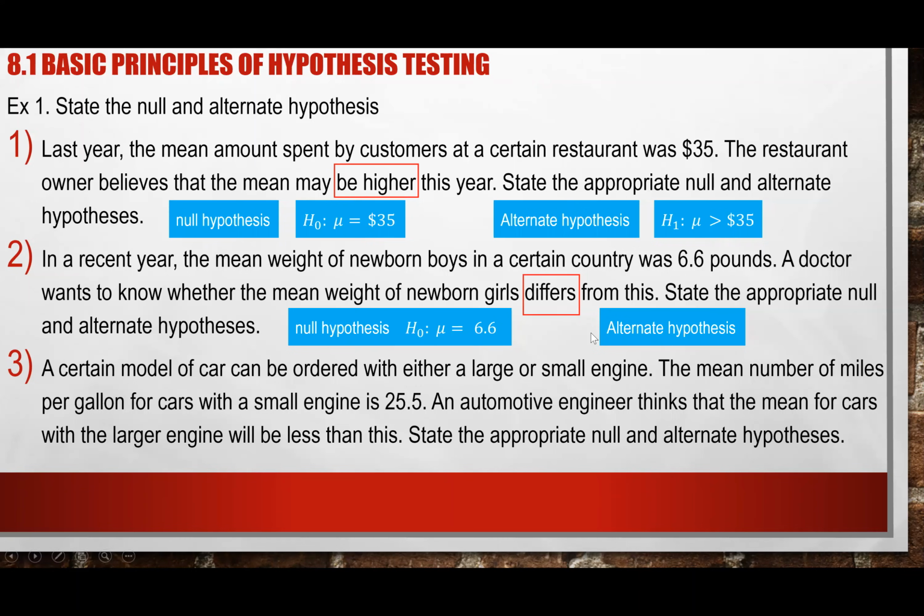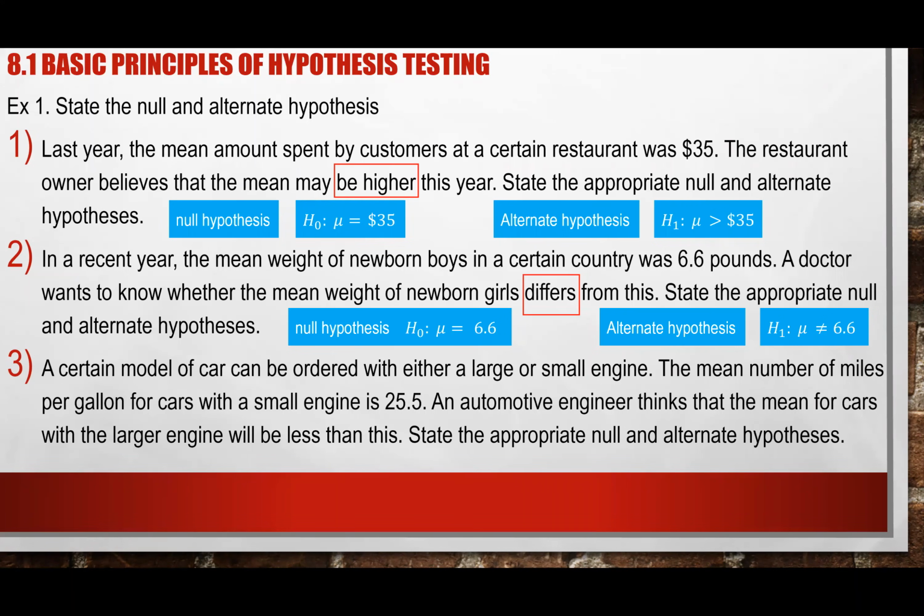Because we're looking for something different from 6.6, we just say it's not equal to 6.6. It can be 6.5, which is less than 6.6, or 7.1, which is greater than 6.6. As long as it's not equal to 6.6, then it's different.